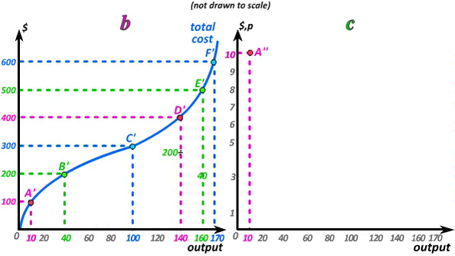We can then repeat the same process for each of the total cost points in panel B, each time taking the amount on the vertical axis and dividing by the corresponding output level on the horizontal axis. We therefore get one average cost estimate for each output level that we've considered.